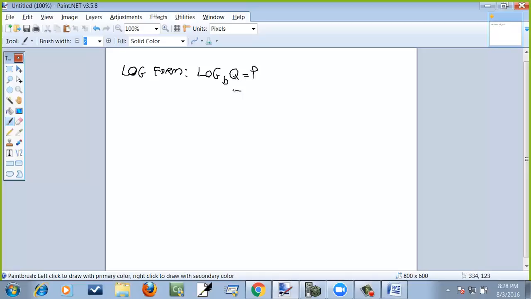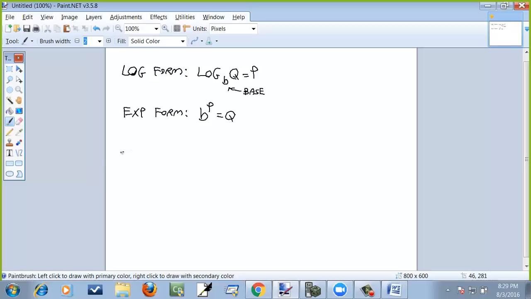Now all of these probably have names, but the only one that's really important is the b. That's referred to as our base. It's usually a little number that's smaller that's set down. Now if we have it in log form, we can rewrite it in exponential form, and that's b to the p is equal to q. Now going the other direction, if you have it in exponential form, you can rewrite it in log form.